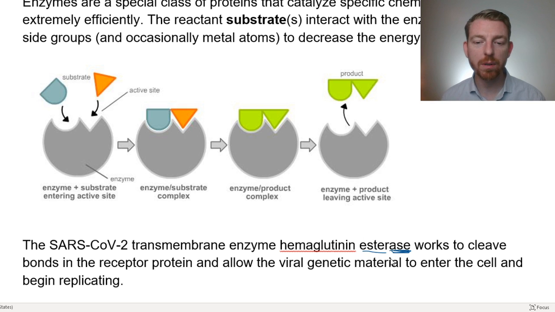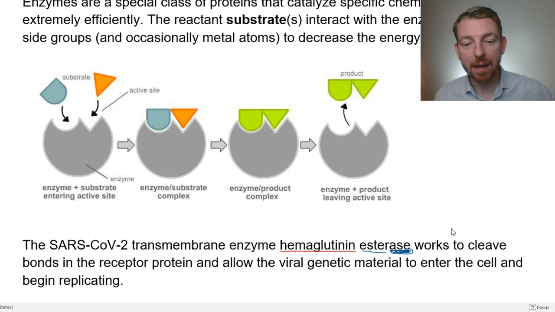Usually it's going to say right in the name what this enzyme is trying to do. So we say it has this suffix, so we know it's an enzyme. It's got the ester there in the name, so it's going to break an ester. The ester that it's going to break is one that keeps our cellular receptor functioning properly. So it's going to start to break down the proteins on our surfaces in order to allow its own genetic material to enter the cell and to start causing havoc.